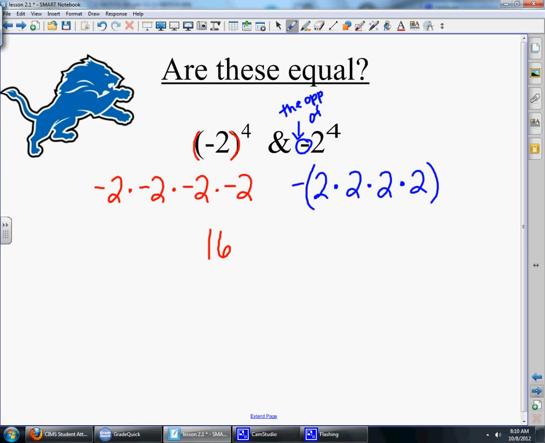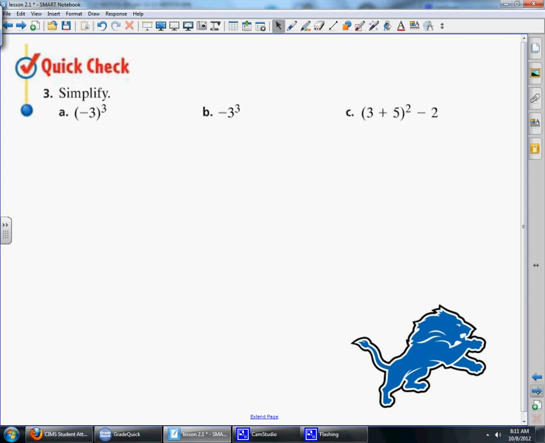So we know 2 times 2 is 4, times 2 is 8, times 2 is 16, and then we put the negative sign. So these two are not equal. So negative 2 in parentheses to the 4th power is not equal to the opposite of 2 to the 4th power. So be very, very careful when you see problems like that.